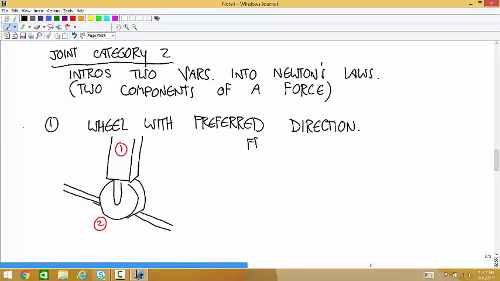So free body diagram of body 1. There's a normal force. And there's also a force, I'll call it F perpendicular.